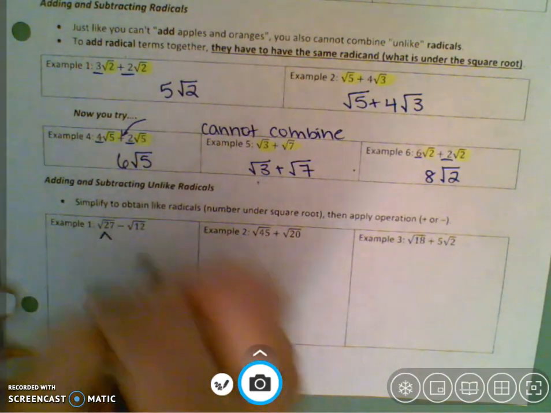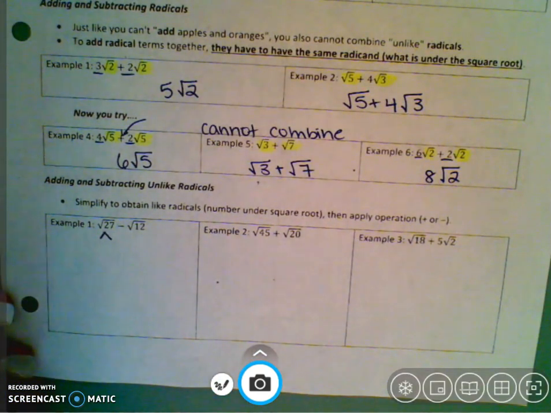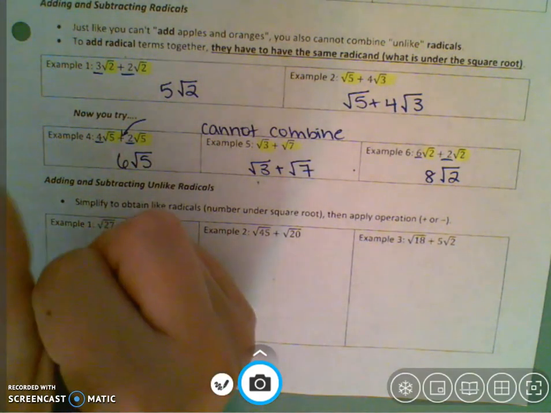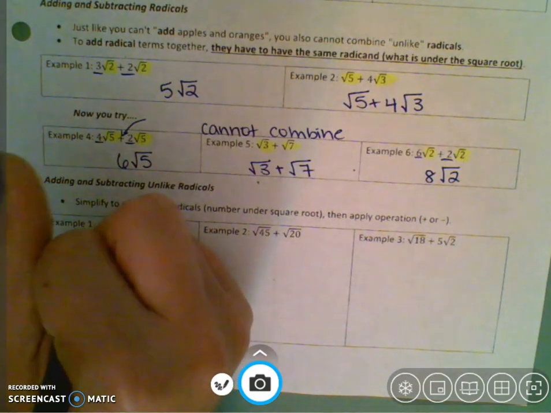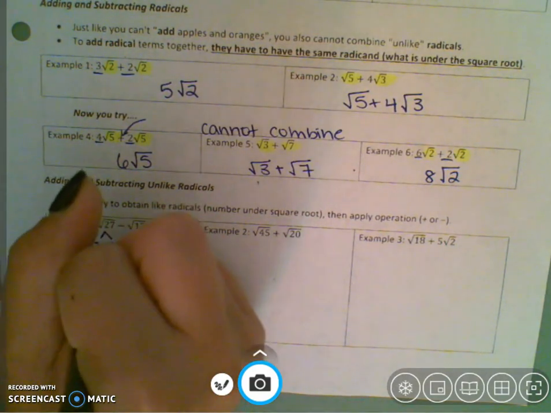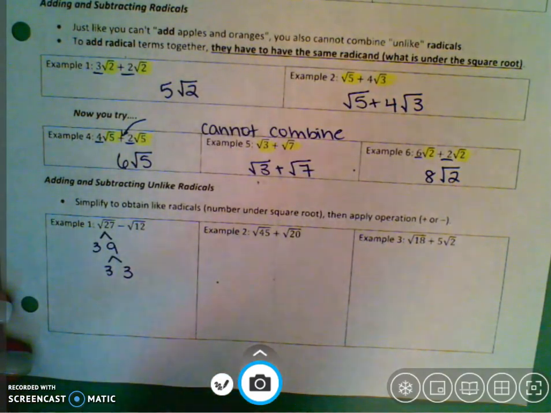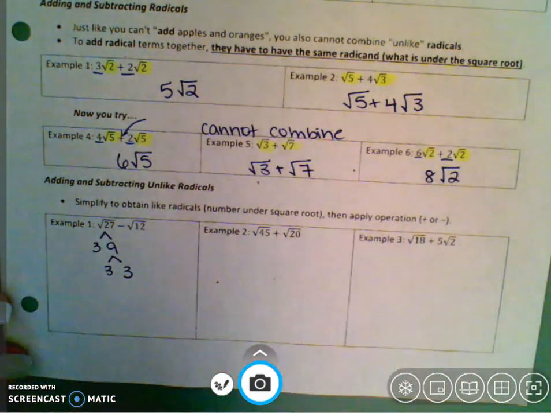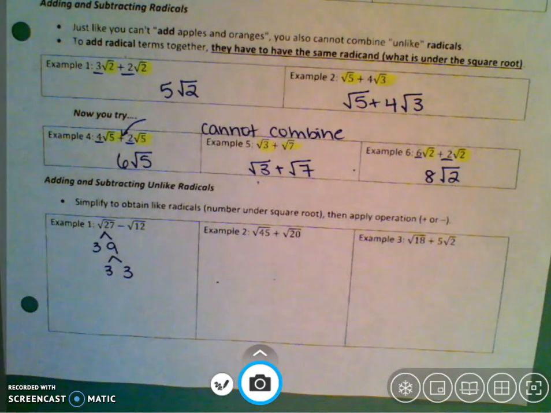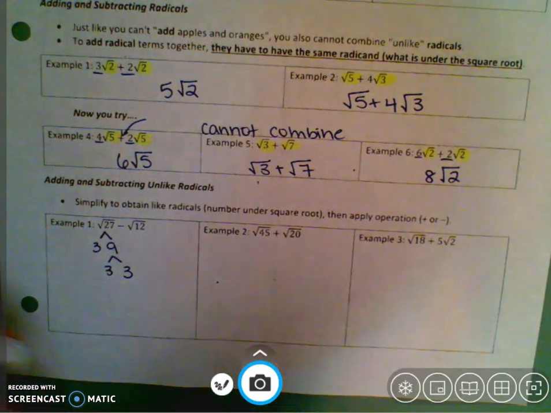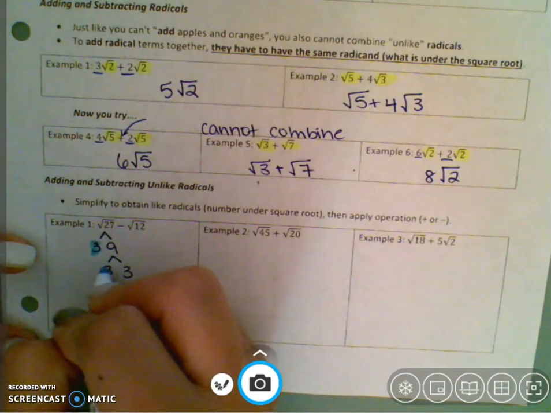So 27. Two numbers that multiply to 27 are 3 and 9. 9 is 3 and 3. So that's the factor tree for 27. Let me get a different color highlighter. Remember, when we're doing these, we're looking at the bottoms of the tree.